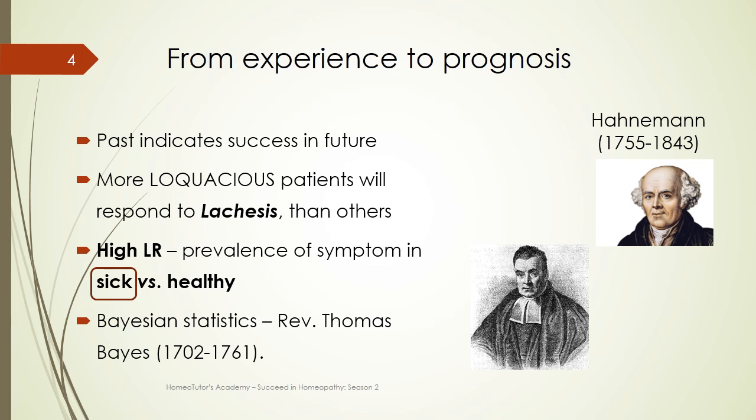My contention is that most likely Hahnemann was aware of these mathematical theories. He was a very widely read man and he knew English, German, French, Greek, and Latin to such a proficiency that he could translate books from one into another.